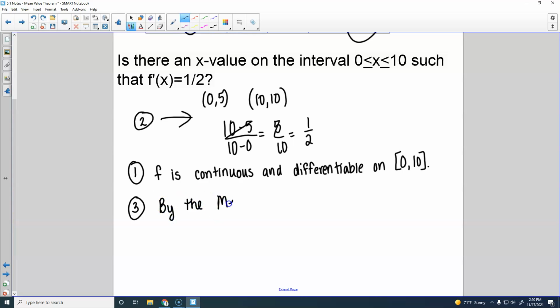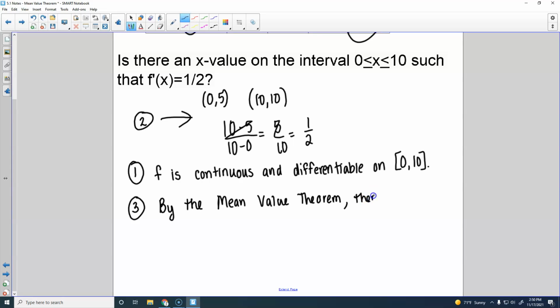By the mean value theorem. And basically, after by the mean value theorem, restate the question.